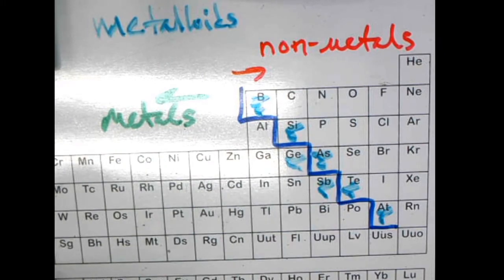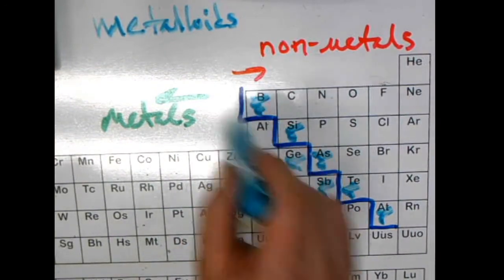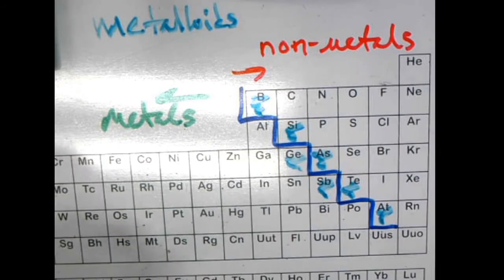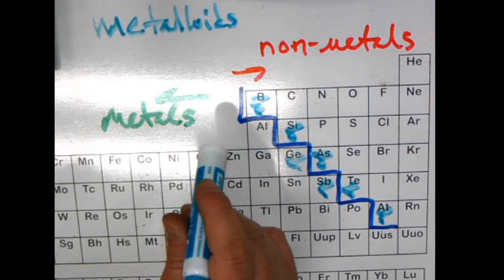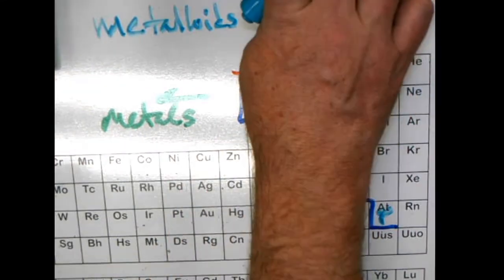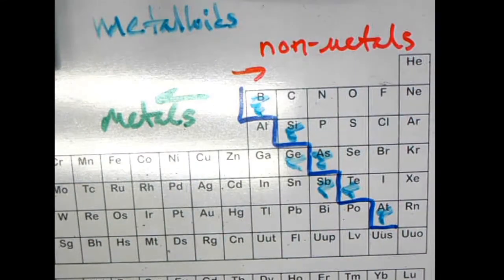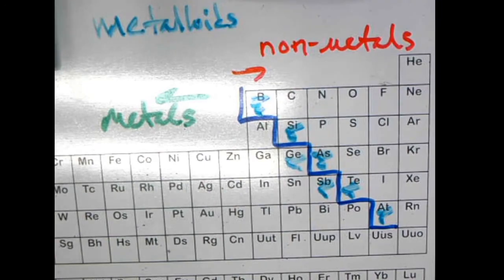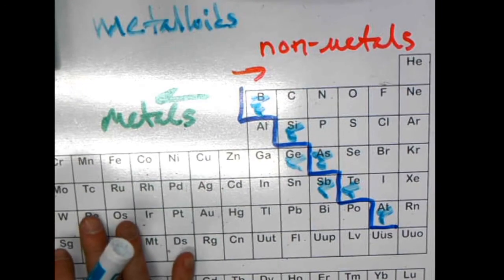So this is not some frivolous deal. You've got to have this down. Metals to the left, non-metals to the right. You will see what I mean when we start covering this stuff in a couple weeks. But this is going to be very, very important to you. So you want to have a handle on where these things are located, and that can help you progress with the work that we're going to do. Don't worry, you will hear me repeat it probably more than you'd like. But what's on the left, what's on the right will be very important as we go forward.